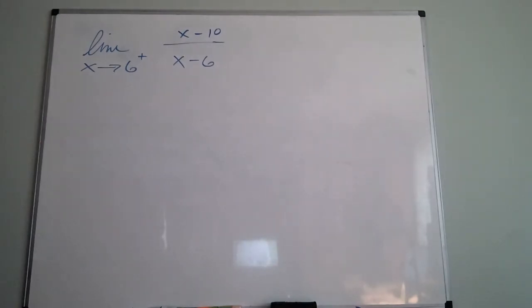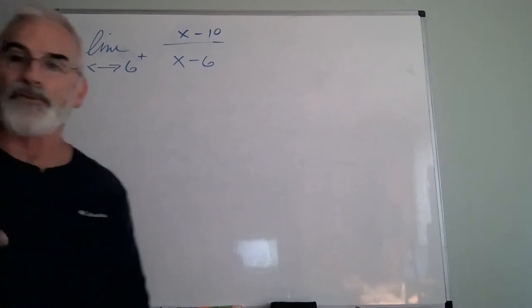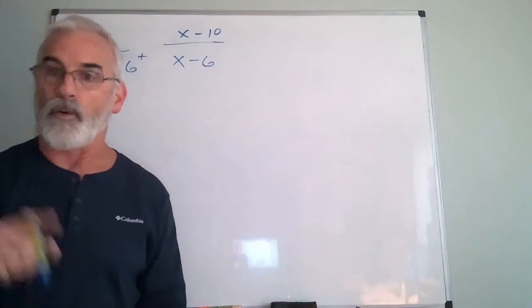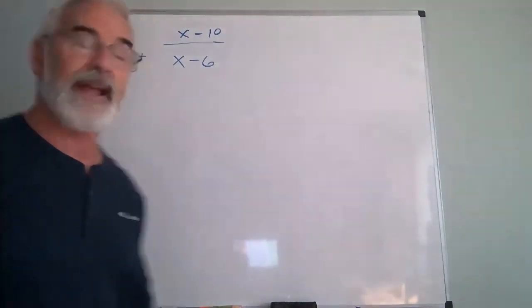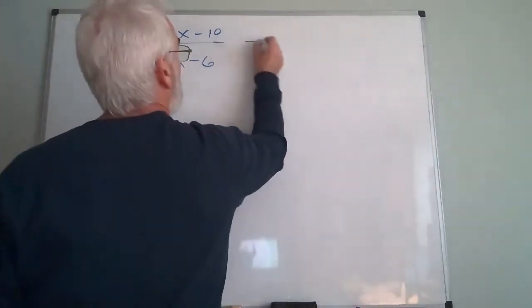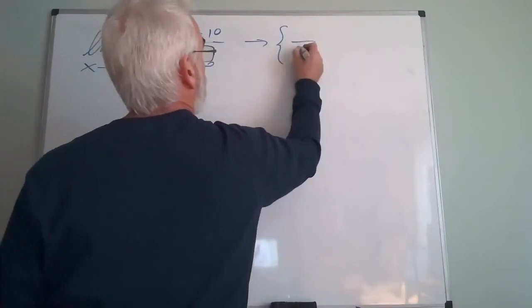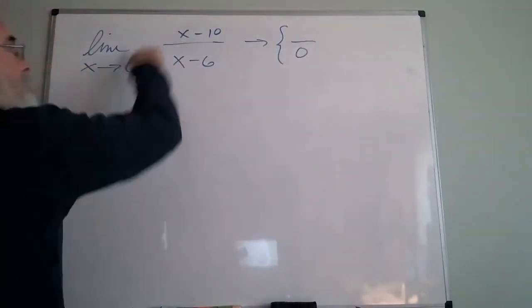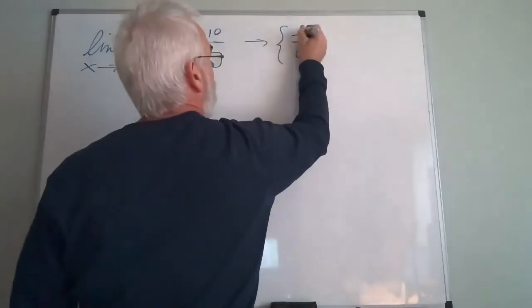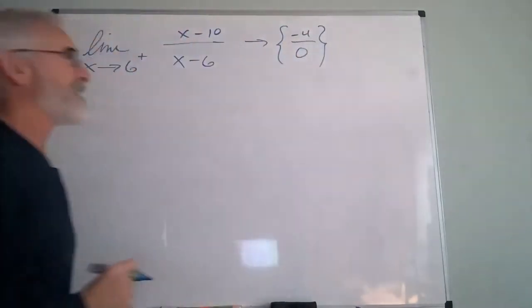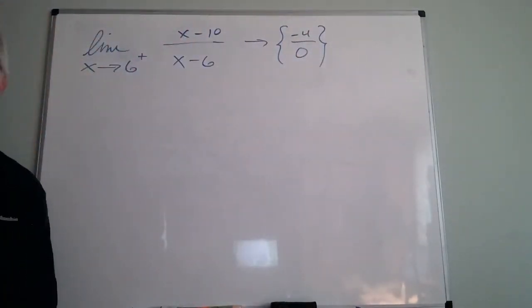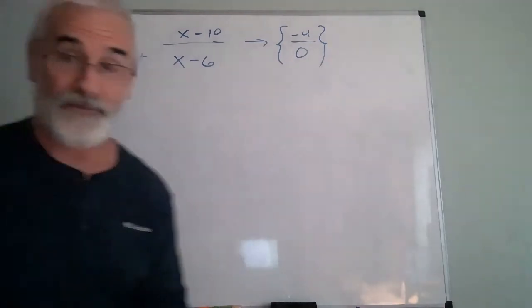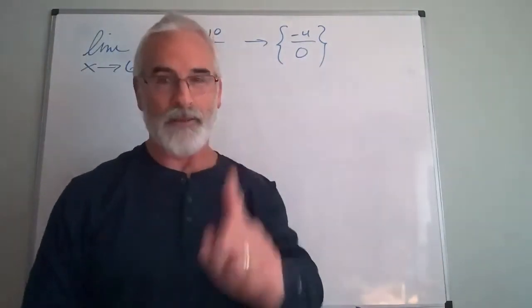Now, is this an indeterminate form? No, it's not. An indeterminate form is when both numerator and denominator tend to 0 or both tend to infinity. Right now, clearly my denominator is tending towards 0 and my numerator is tending towards negative 4. Oh, that is so ugly. Now, at first, people want to say the limit is undefined.